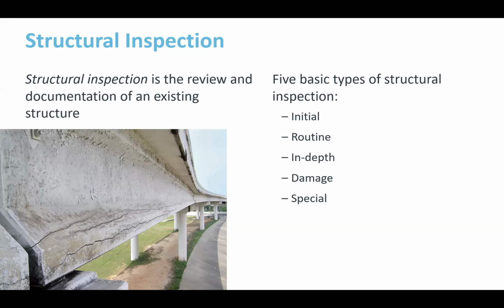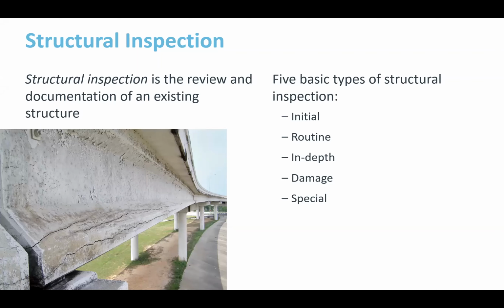Typically, there are 5 types of inspection. There's initial inspection, which is when an asset is first constructed. There's a routine inspection. In the bridge world, that's every 24 months. That's just a standard general type of inspection that occurs on a recurring interval. There's in-depth inspection, which is a follow-up inspection.